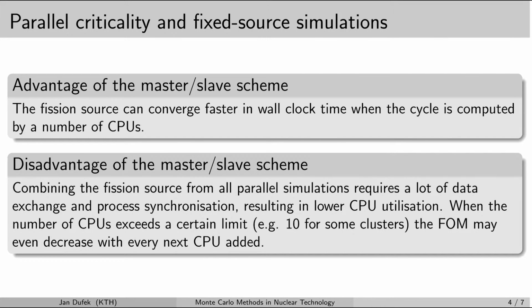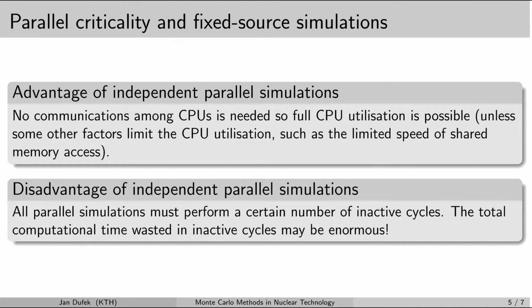So because of this, the CPU utilization may be very bad, especially when the number of the slave processors is quite large. So for a usual computer cluster, it is not recommended to combine more than 10 processors for a single parallel criticality simulation.